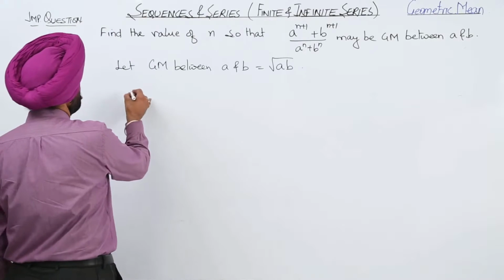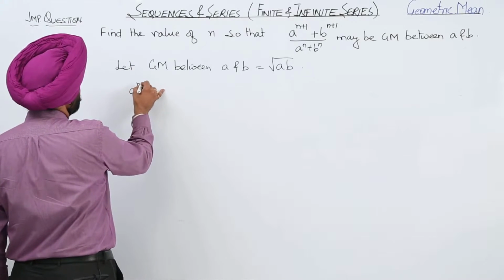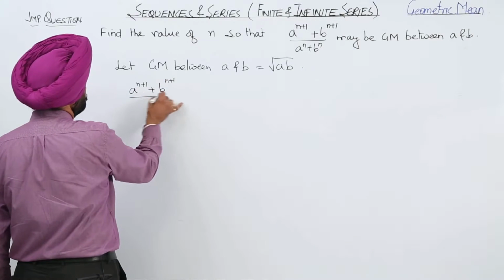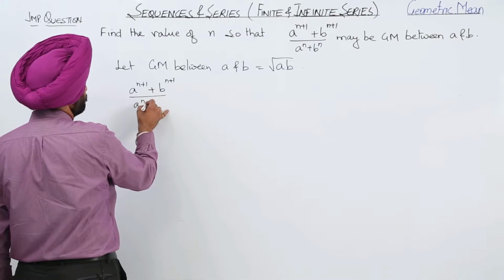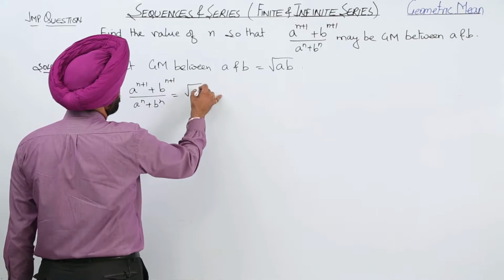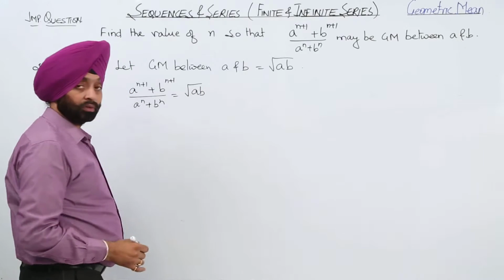Now by the question, (a^(n+1) + b^(n+1)) / (a^n + b^n) is equal to √(ab). Okay.